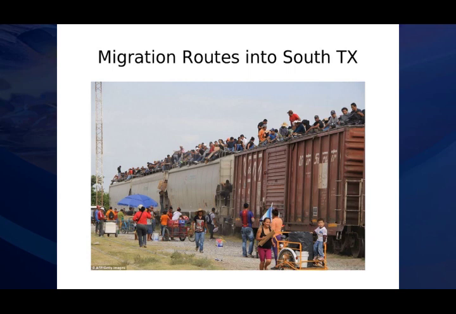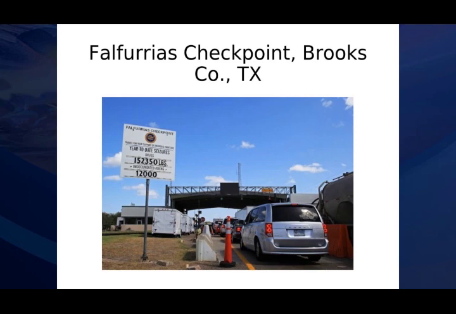A lot of people get injured falling off of trains, or get assaulted or robbed of their funds for traveling as well. So I'm sure you're very familiar with these issues, but very dire humanitarian circumstances.